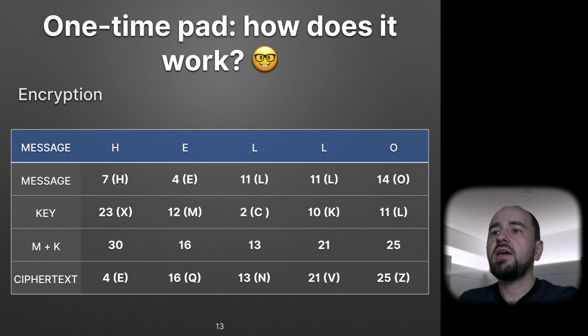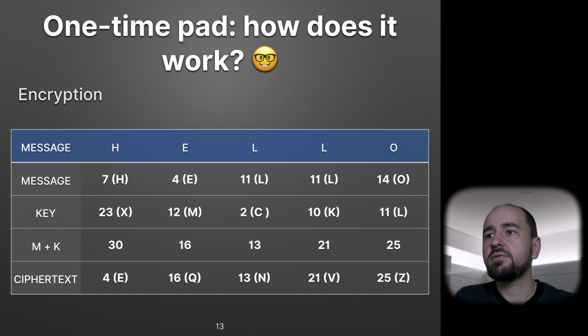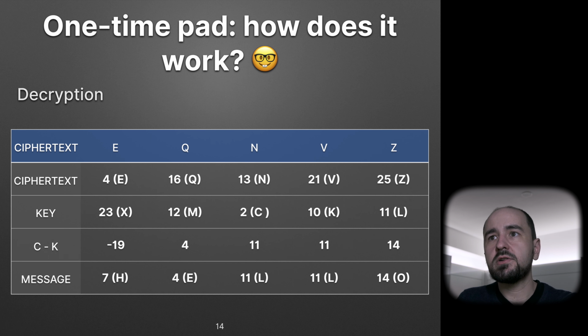So H turns into 4 because 7 plus 23, for H and X, is 30, and when you mod that, you're left with 4. And so on and so forth. You can go through each one of these, and then our new ciphertext is going to be EQNVZ, right? Pretty straightforward.